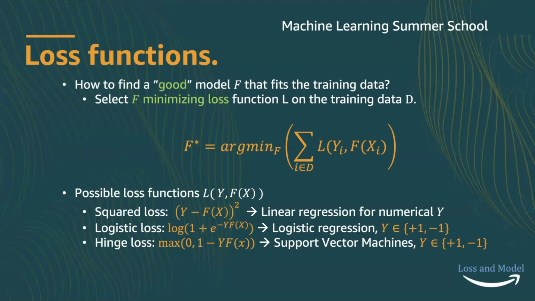Let's say you have 100 data points in your data set or training data D. Every time the model F makes a mistake on a sample, the loss simply adds a value 1. And if the model F gets it right, it does not add any penalty. It simply adds 0. That's a simple counting loss. It's a 0-1 misclassification loss.